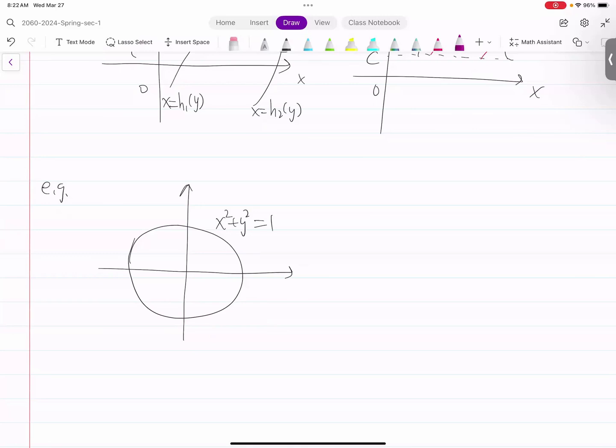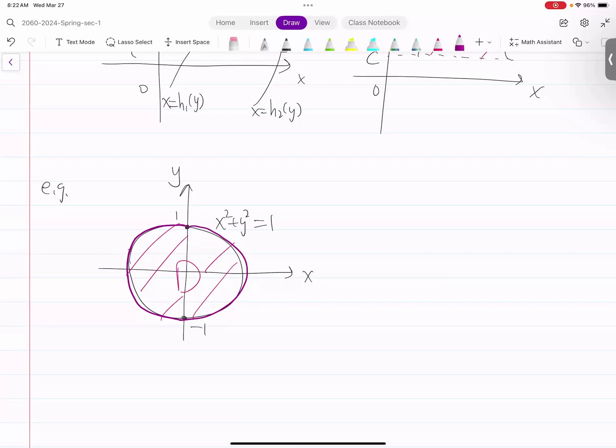Because here we know that the smallest possible y value is -1 and the largest possible y value is 1, right? But then we need the left-hand side boundary to be described and the right-hand side boundary to be described. So they are functions in terms of y.